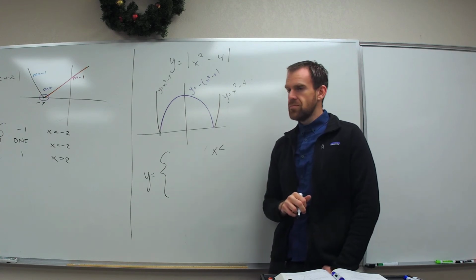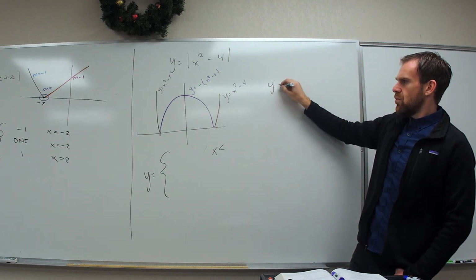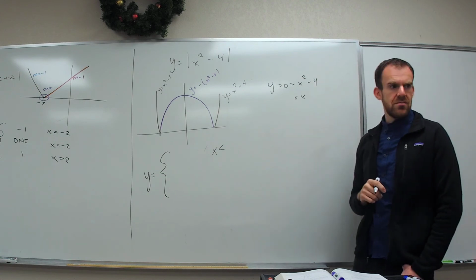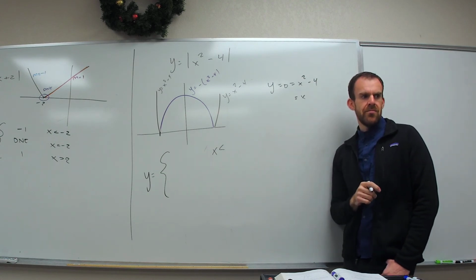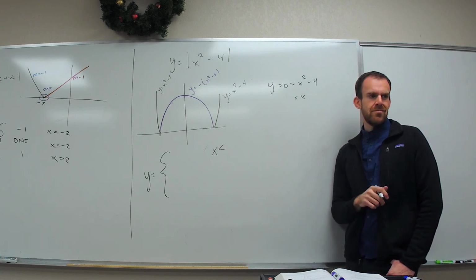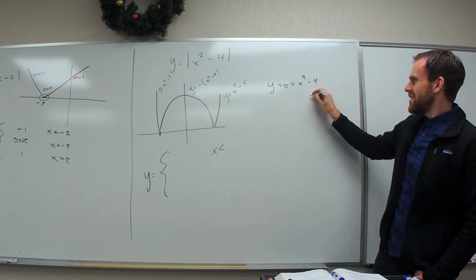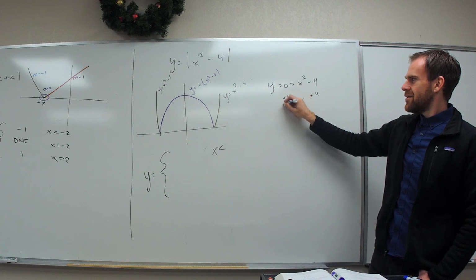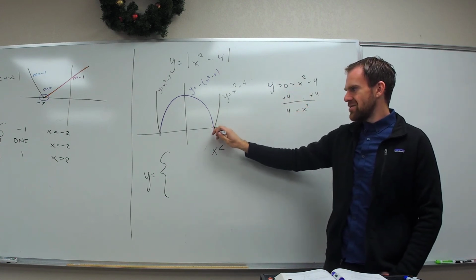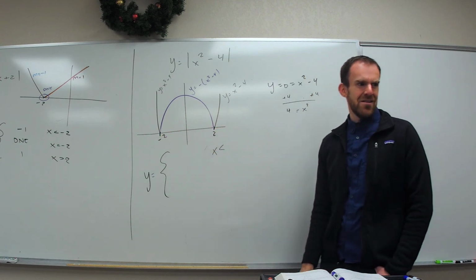So you want y equals 0, so x equals 4? Negative 4? Oh, 2. So this one's 2, and this one's -2. There you go, you got it.